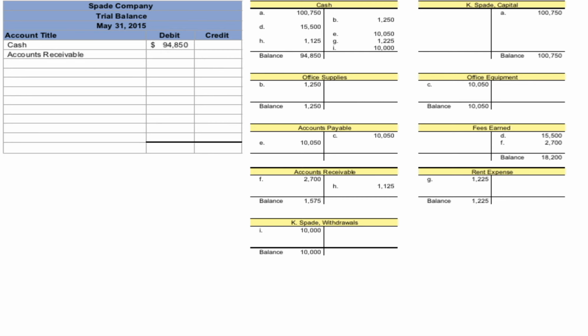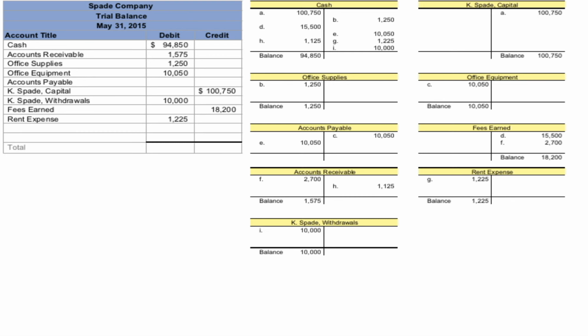It's kind of split up here, but this is not rocket science, essentially recopying account titles and putting the balance in the correct column. Okay, so I know this is hard to look at over here, but pretty easy. Account title, look at the bottom. Once you've done all of this, make sure debits and credits equal each other.